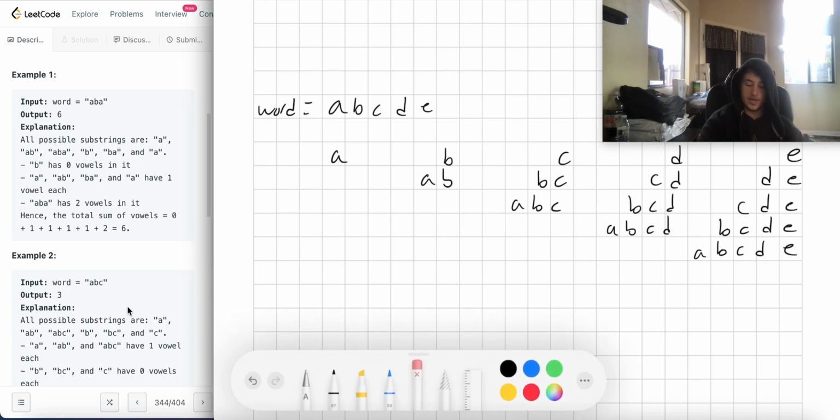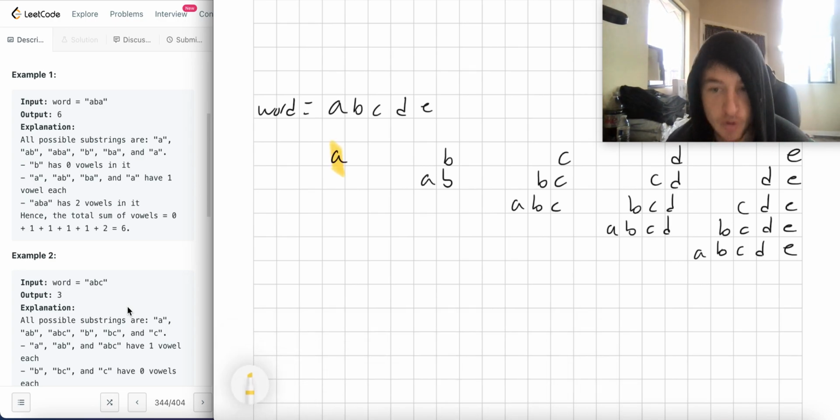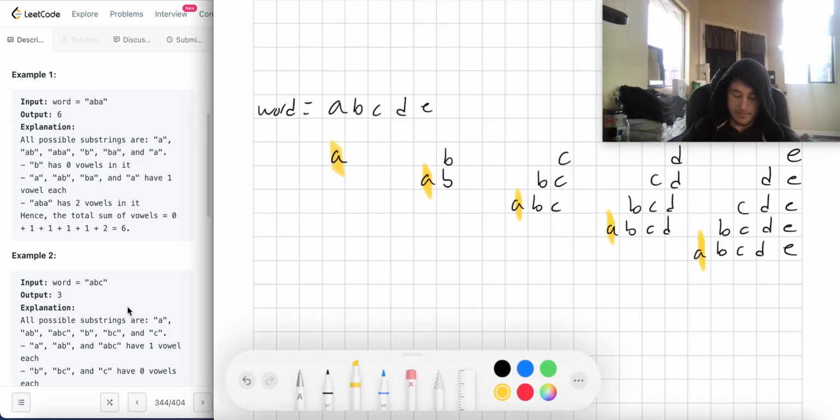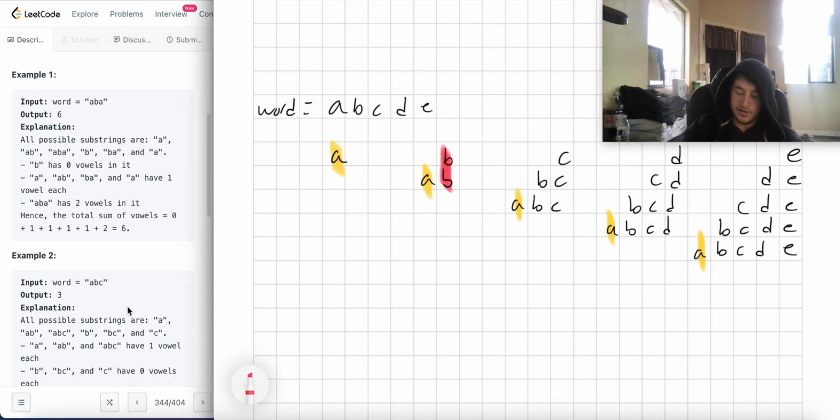So we have A here, and A is a vowel. How many substrings would A be in? Well, A would be in itself as a length 1 substring, this substring, this substring, this substring, and this substring. And you'll notice that for each letter there's this kind of pattern that emerges. B is here, and here, and here, and here.